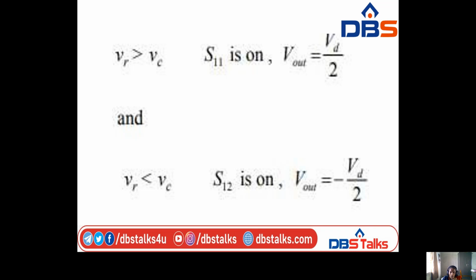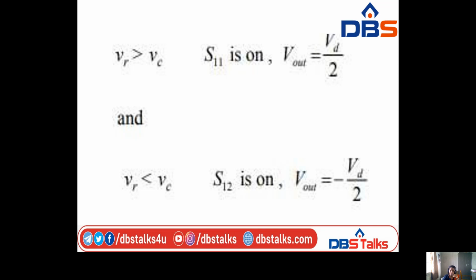So here, when reference voltage VR is greater than VC, S11 will be on, and output voltage Vout equals VD by 2. Okay, and whenever reference voltage is less than VC, switch S12 will be on and output voltage will be minus VD by 2.